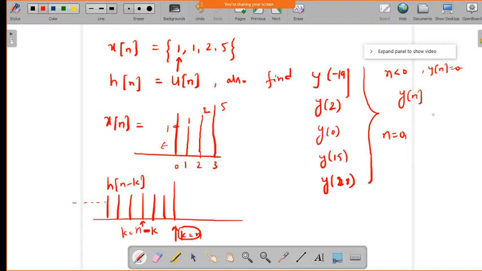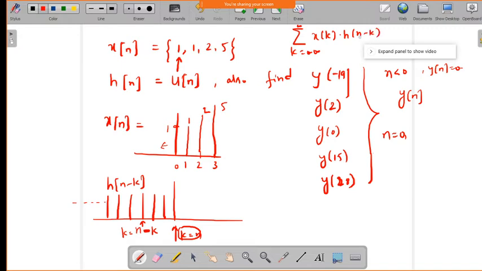At n equal to 0, the expression is the summation from k equal to minus infinity to plus infinity of x of k into h of n minus k.